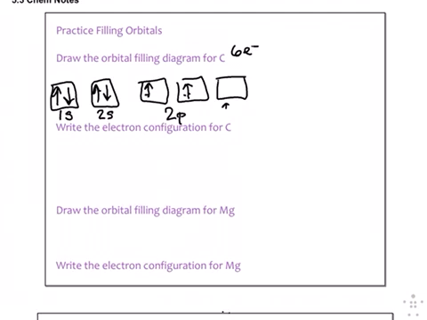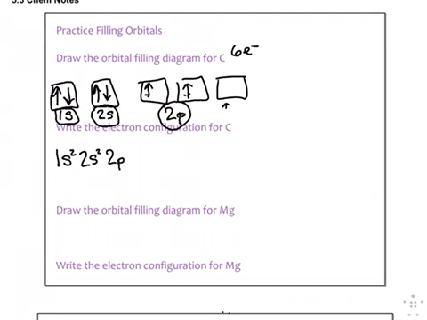So now to write it out in electron configuration, you take this number here, so 1s, and how many electrons do we have in that orbital? 2. So you put a superscript 2. Then we have electrons in the 2s. How many electrons do we have here? 2. So we write 2s², then we have electrons in the 2p level.